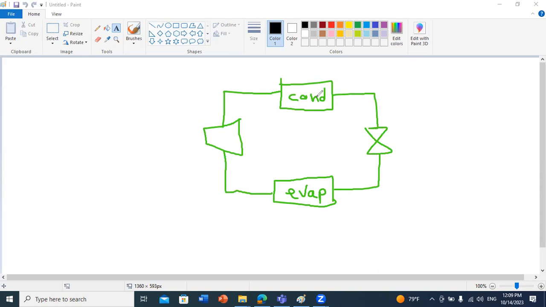Now it will be exactly the opposite, because you want to extract heat from a relatively cool medium. So Q dot in the evaporator will take place at the lowest temperature, at T cold. And the rejection of heat at the condenser will take place at the highest pressure and temperature level.